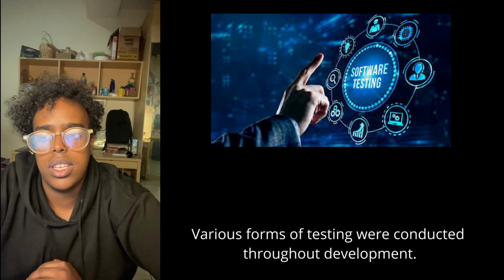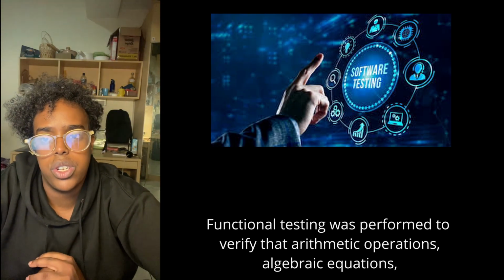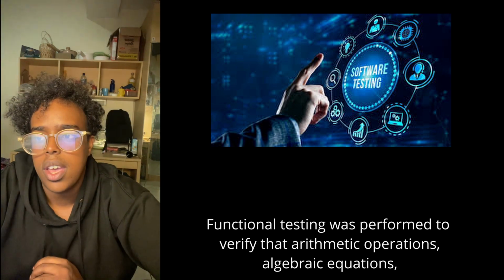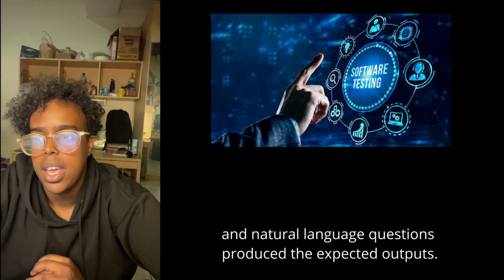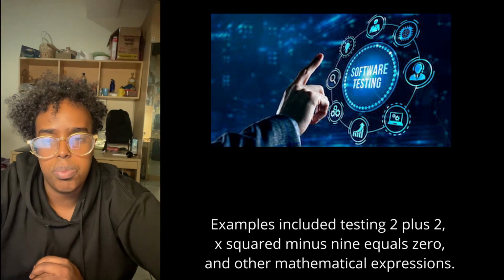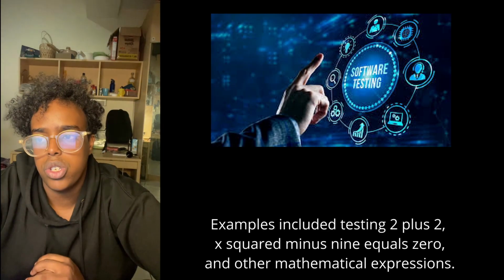Various forms of testing were conducted throughout the development. Functional testing was performed to verify that the arithmetic operations, algebraic equations, and natural language questions produced the expected output. Examples include testing 2 plus 2, x squared minus 9 equals 0, and other mathematical expressions.